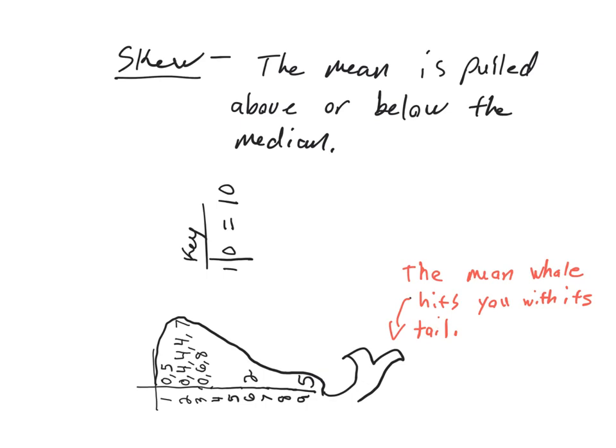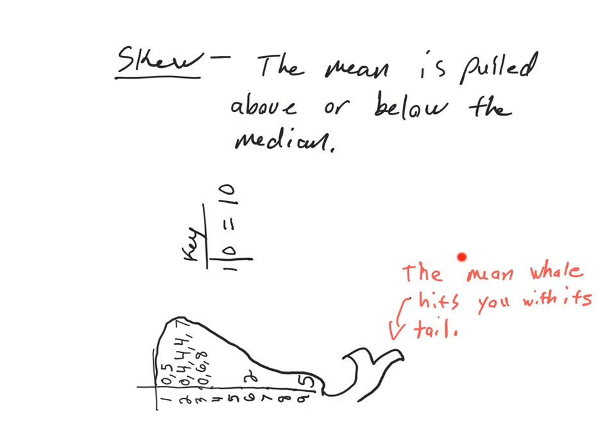Since it's on the left, all these data points over here on the right being pulled over, actually pulling that out of balance, means we're skewing. Skewing meaning out of balance or pulled off center. In this case, being pulled off center with the median, this stuff over here being pulled over to the right is where the skew is happening. It's being pulled off balance. If everything was all over here together with that big group, it would be a symmetrical set of data.